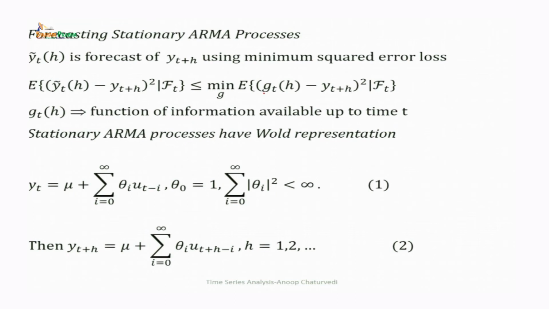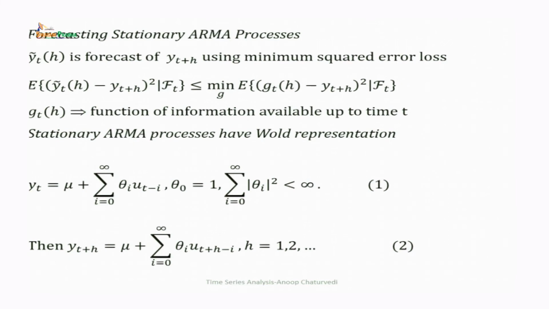So suppose g t h is any other linear forecast, then the mean squared error of this y curl t h should be less than that of g t h, or you can say y curl t h is the forecast which minimizes this prediction mean squared error.